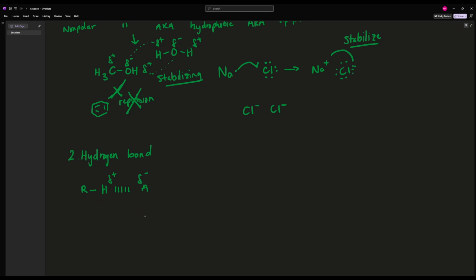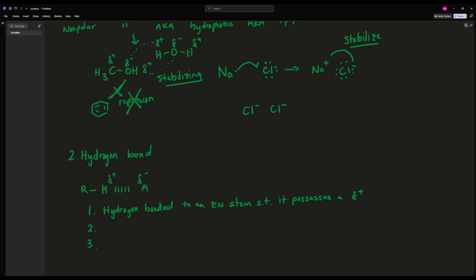Okay, so now we need to ask ourselves, how do we get this? Well, we can break this down into three criteria. The first criterion is we need a hydrogen bonded to an electronegative atom such that it possesses a partial positive charge.